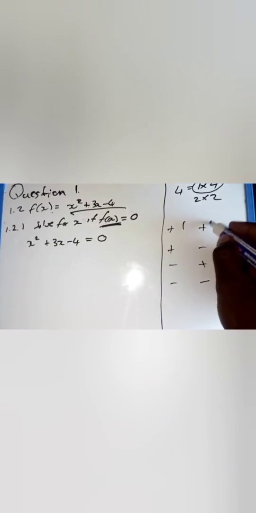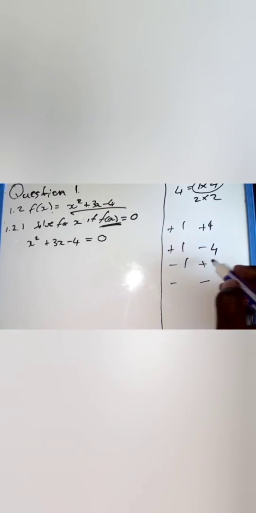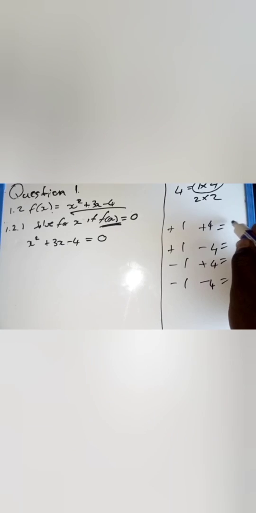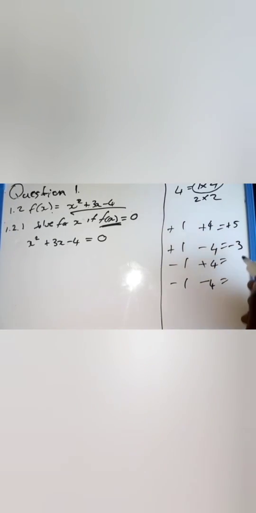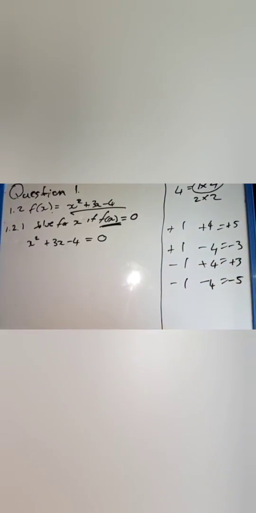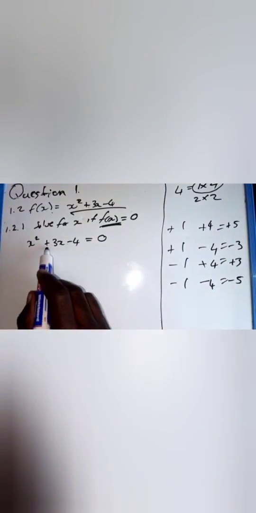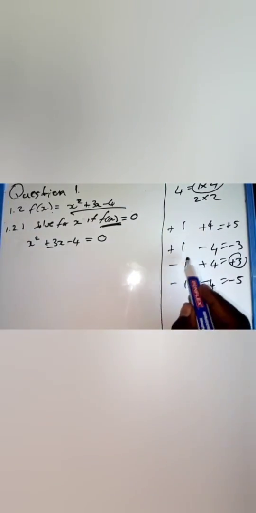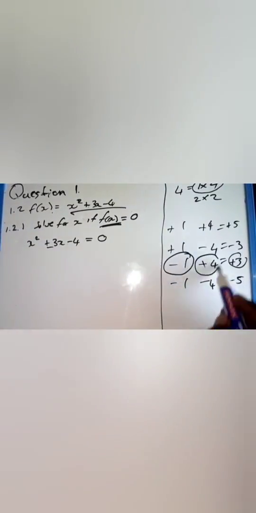We put 1, 4, 1, 4, 1, 4, 1, 4. This is equal to positive 5, negative 3, positive 3, and negative 5. What are we looking for?